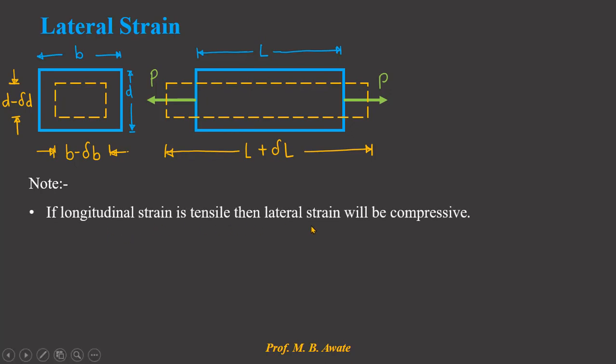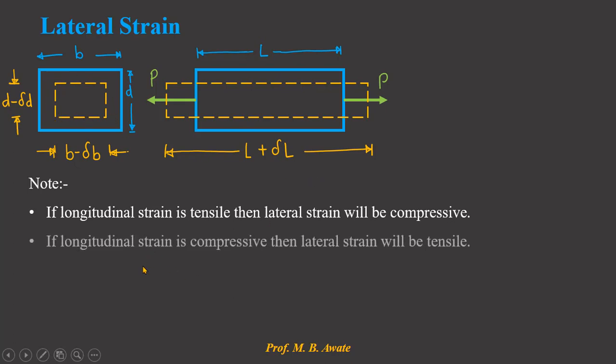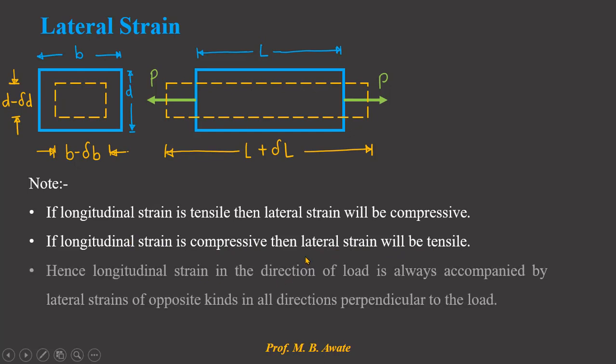So the first one is, if longitudinal strain is tensile, then lateral strain will be compressive. You can see here, longitudinal strain is tensile, which means length is increasing. Then for lateral strain, its cross sectional dimension will decrease. If longitudinal strain is compressive, which means if you compress this, the length will decrease but its cross sectional area will increase. So if longitudinal strain is compressive, then lateral strain will be tensile, because longitudinal strain and lateral strain are opposite in nature.